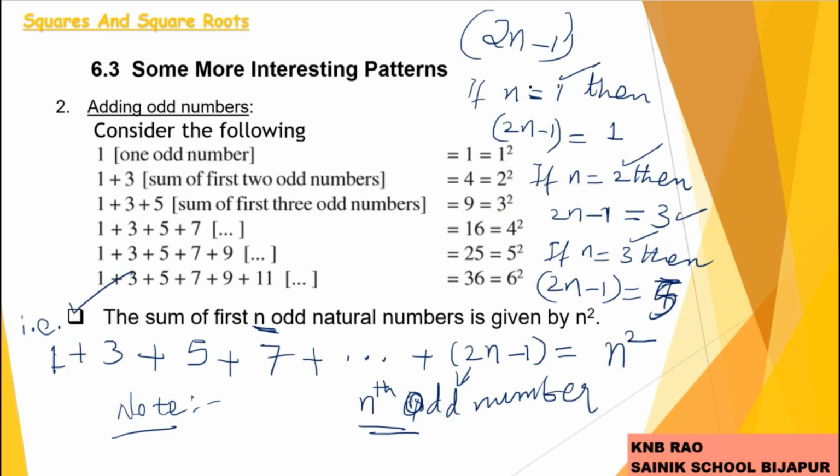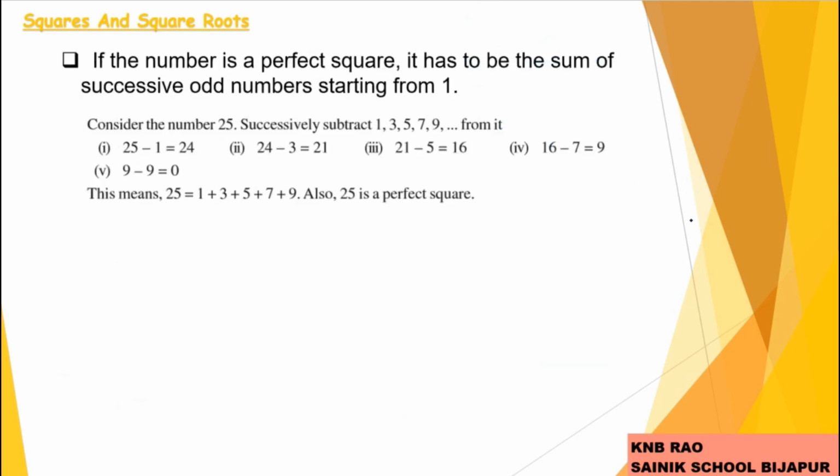So we'll go for the next. If the number is a perfect square, it has to be the sum of successive odd numbers starting from 1.